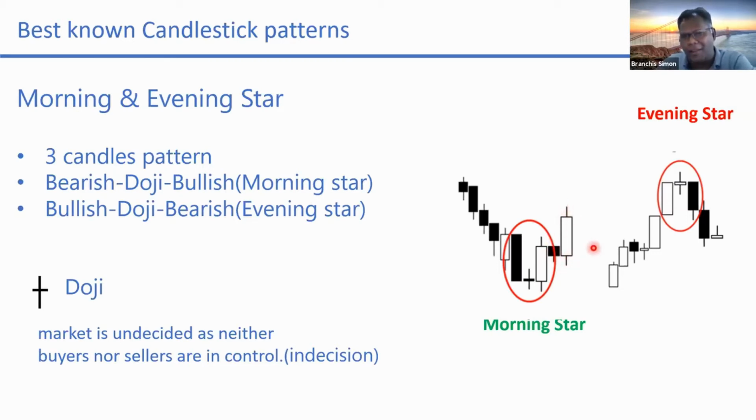So this reconfirms your prediction that yes, the market is going to go up. Then you take the trade. Same thing when the market was going up, a bullish market, then indecision, then the market coming down. This is called Evening Star. Evening Star refers to a bearish market, Morning Star refers to a bullish market.